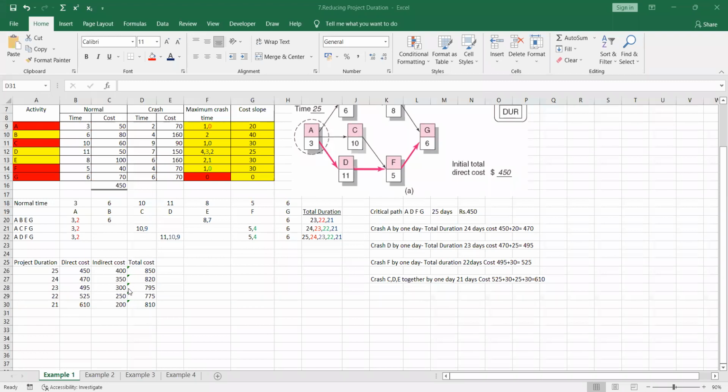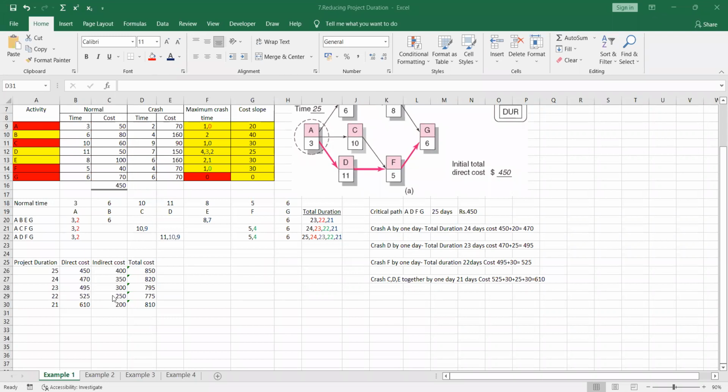What happens with the indirect cost? When we reduce our project duration, our indirect cost is going to be reduced, because the cost going to supervision and administration is all reduced as we use fewer days. I told you that when the project duration decreases, direct cost increases, but indirect cost decreases, because the indirect cost for supervisors and administration goes down as the number of days goes down.